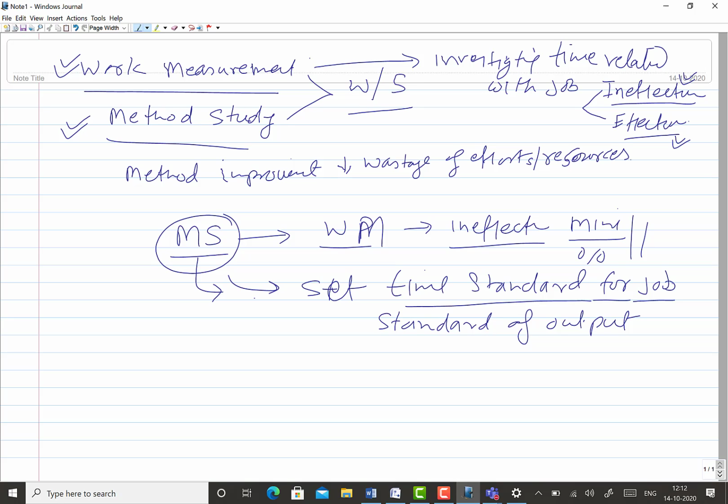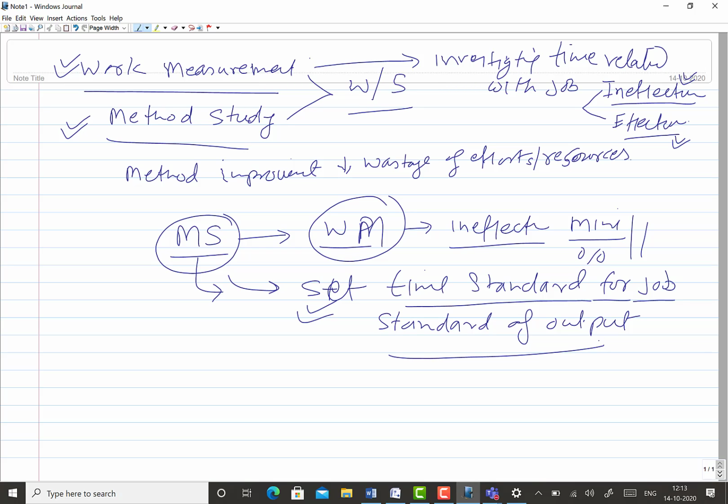If say method study has not been done for long, or you don't know where to apply method study, there can be various possibilities. On a shop floor there can be tens of things which are being done, so where should the method study be done from? If you have got an improved method, then certainly work measurement can directly be used to set the standard time and set the standard of output.